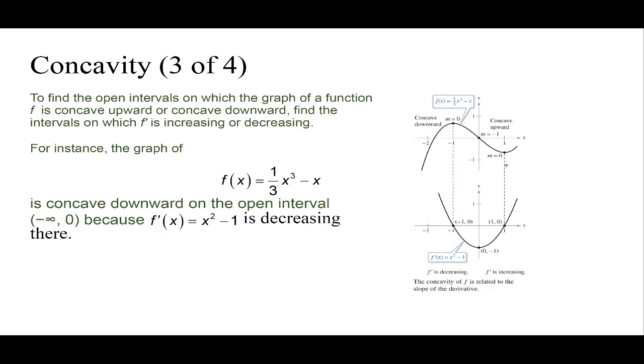If you look at the graph of x squared minus 1, you can see the graph is decreasing from the left up to 0, and from 0 it's increasing. So based on the definition, from the left, which means there is no bound, starting from negative infinity up to 0, the graph would be concave downward because the first derivative is decreasing.